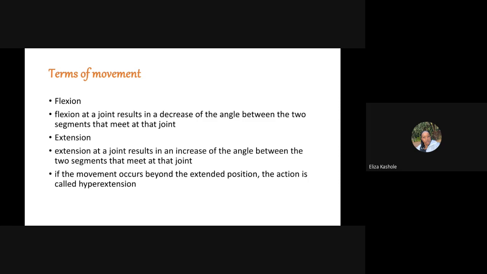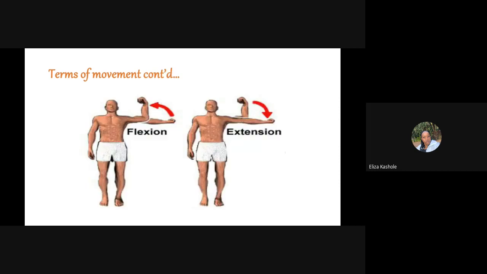In contrast, we have extension. Extension results in an increase of the angle between two segments that meet at a joint. Again, you must have a joint and two things meeting at that joint, and the angle increasing.